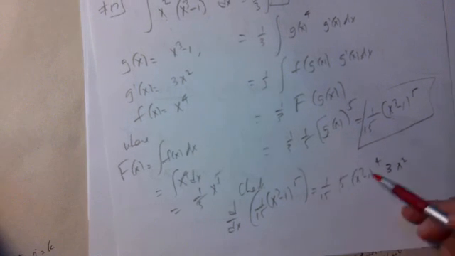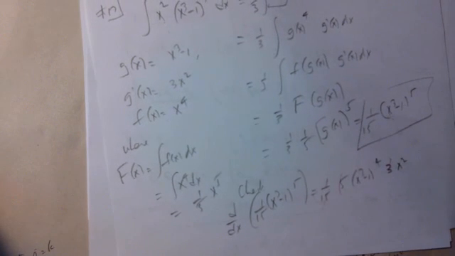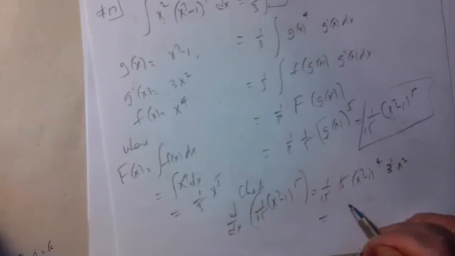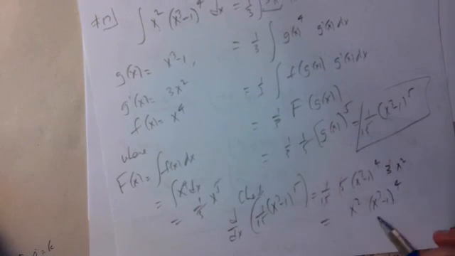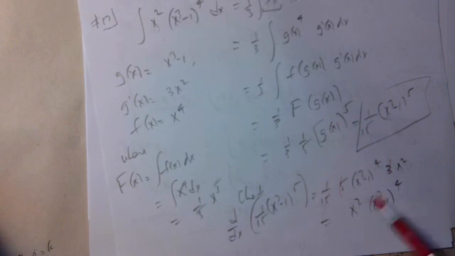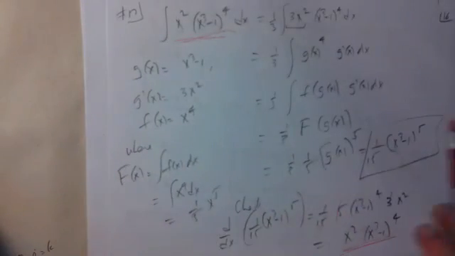So this cancels the 15 in the denominator, and we're left with x squared, x cubed minus 1 to the 4th. Exactly what we had to get.